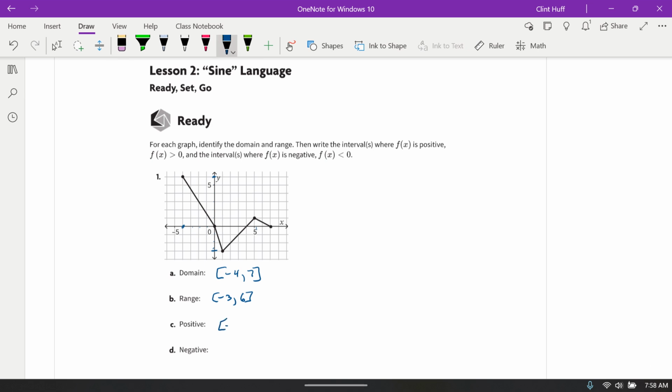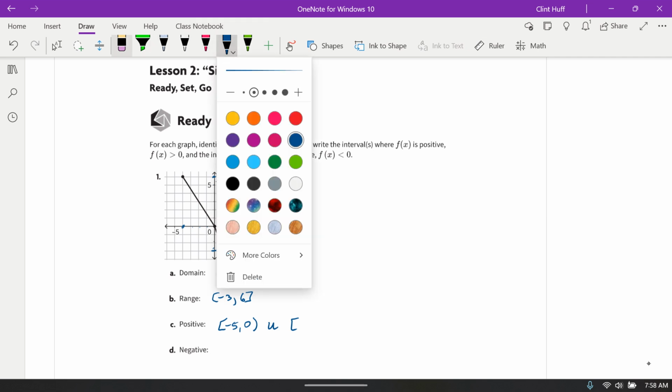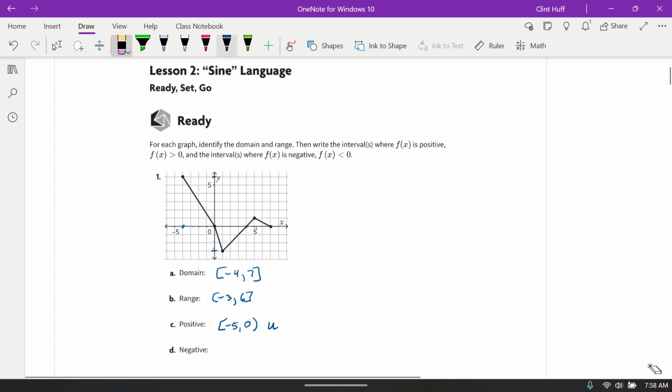So from -5 to 0, we use an open bracket there, united with from here to here. So that would be, again, soft brackets. That would be what, 4 to 7? That would be where it's positive, and then it's negative from 0 to 4.